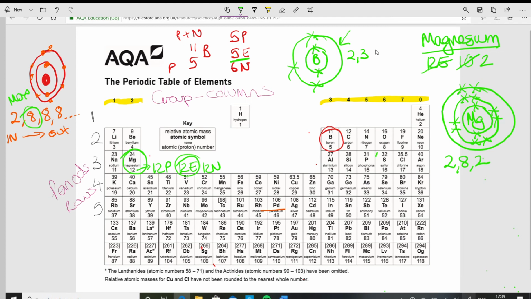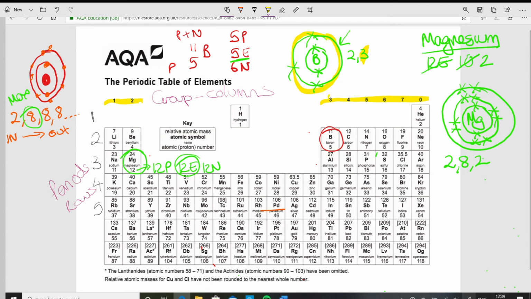Now let's link that back to groups and periods. The group number, remember this is the bit highlighted in yellow at the top here, actually tells you how many electrons are in that outermost shell. So if we go back to boron, boron had 3 electrons in that outermost shell.